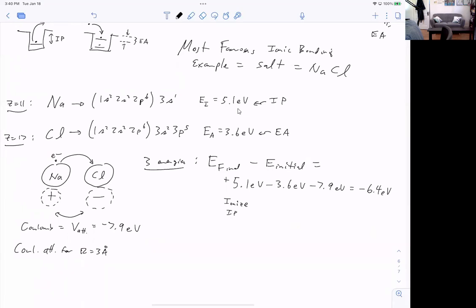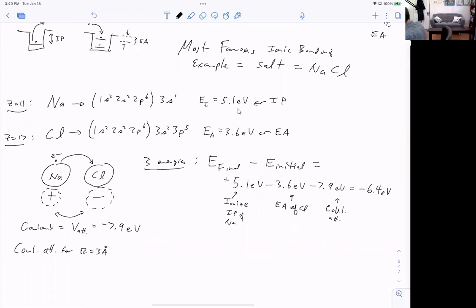That's the ionization potential, the energy it took to ionize the sodium, and that's the electron affinity, the energy gained, of chlorine, and that's the Coulomb attraction.